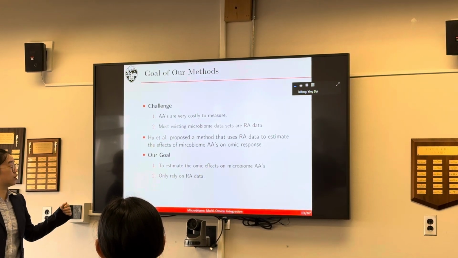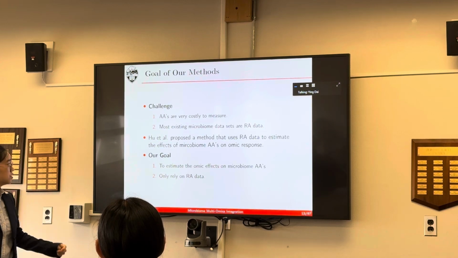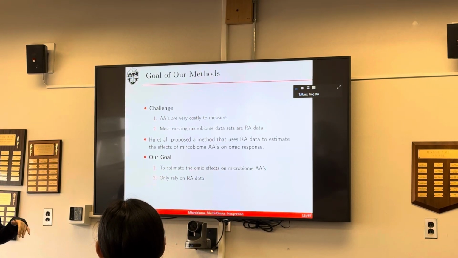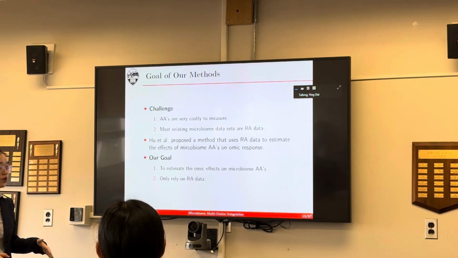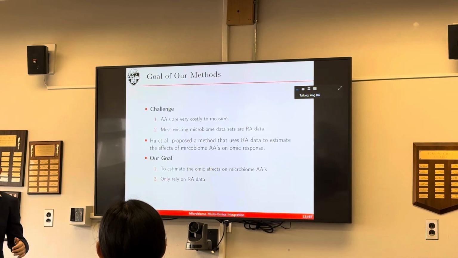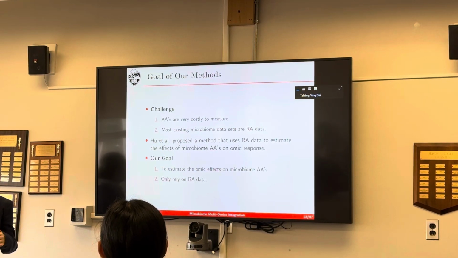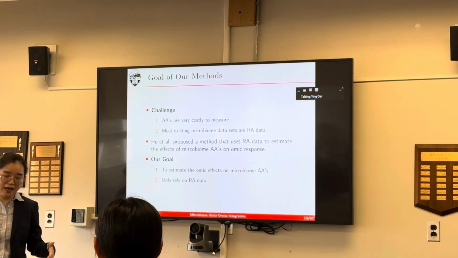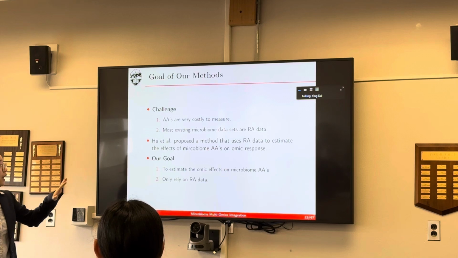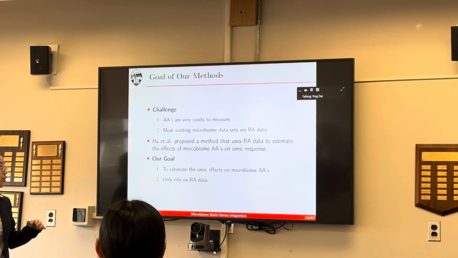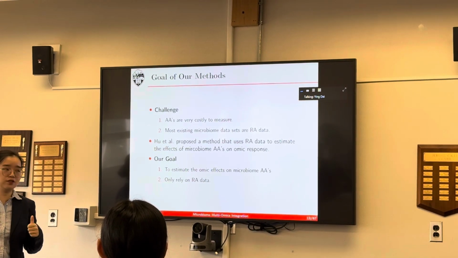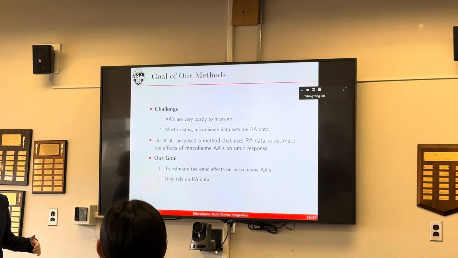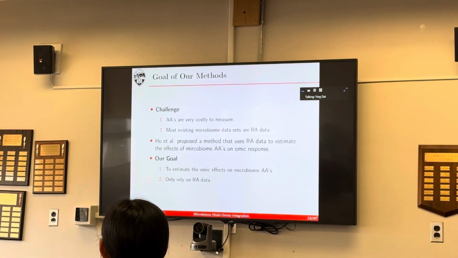Then the former PhD student, Dr. Hu, proposed methods that use RA data to estimate the effects of microbiome AAs on omics response. But in some circumstances, it is interesting to see the omics effects on microbiome AA as well. So in this dissertation defense, we're trying to come up with methods to estimate the omics effects on microbiome AAs, and hopefully only require RA data.